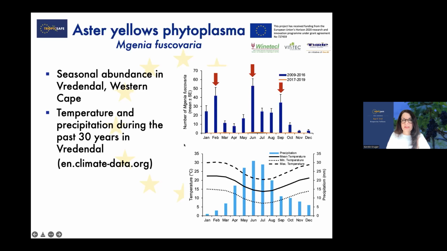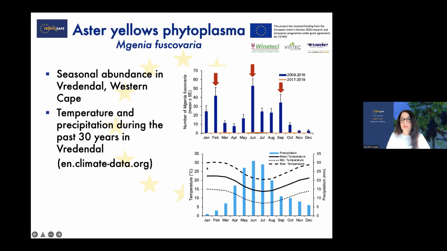The abundance of insects is dependent on temperature and rainfall, and the Western Cape, the Vredendal region, falls into the winter rainfall area. Most of the rainfall is received during winter, from April through August, and the highest peak we observed from Mgenia occurs in June. Then we have a peak again in September, and then in January and February.